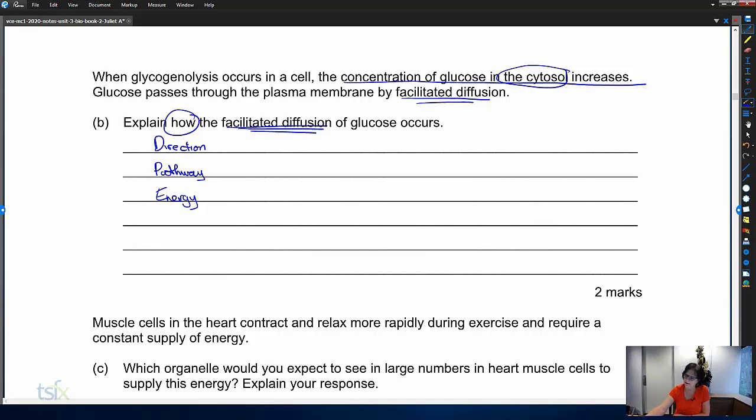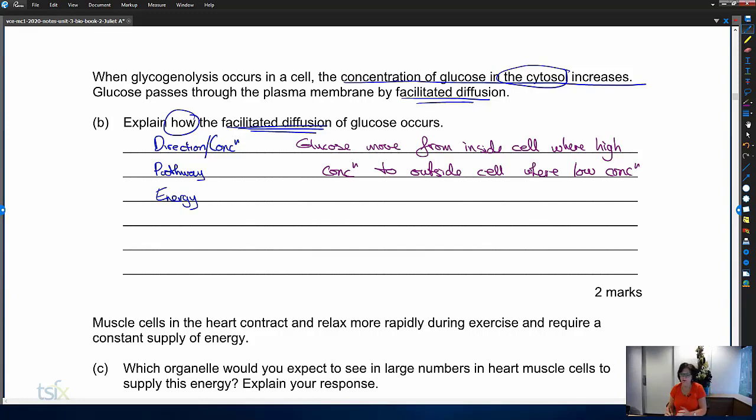So to answer this, you need to say glucose will move from inside. When I say direction, that's talking about concentration. It moves from inside the cell, where it is a high concentration, to outside the cell, where it is low concentration.